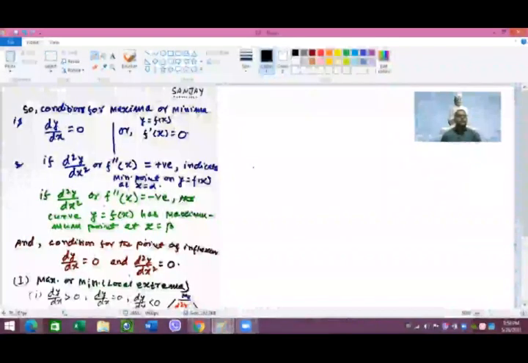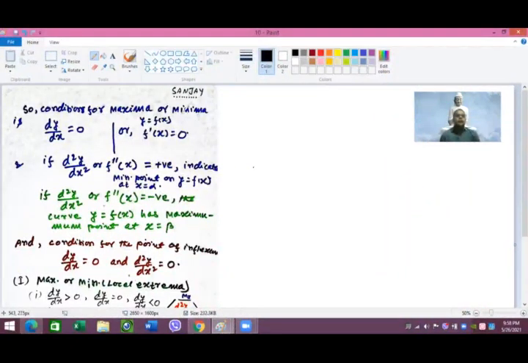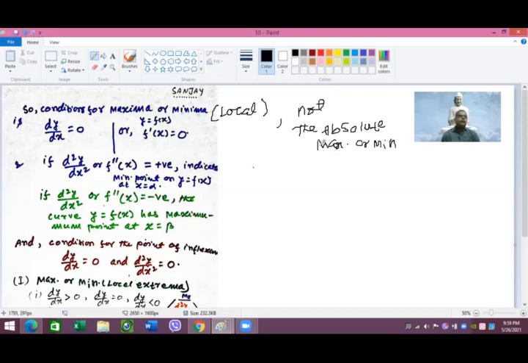So the condition for maxima or minima in general, here we talk about local maxima or minima, not the absolute maxima or minima. All right.